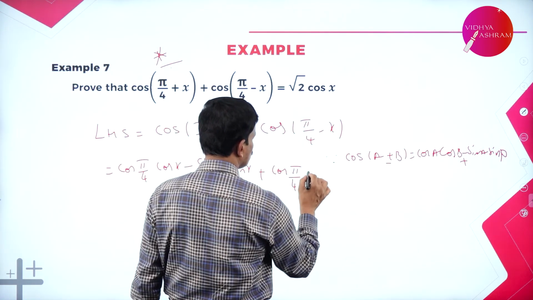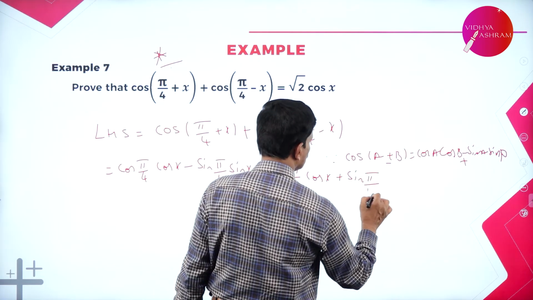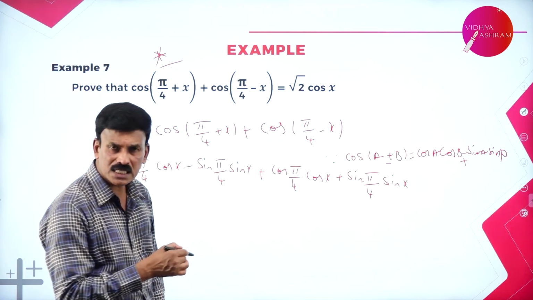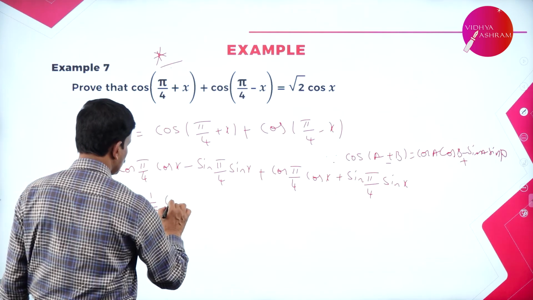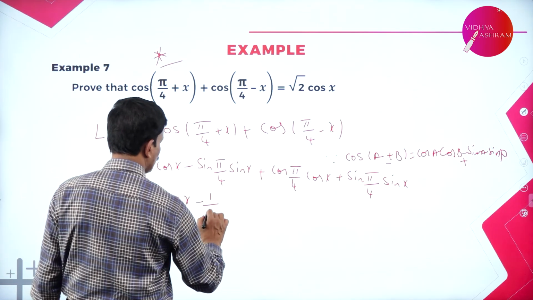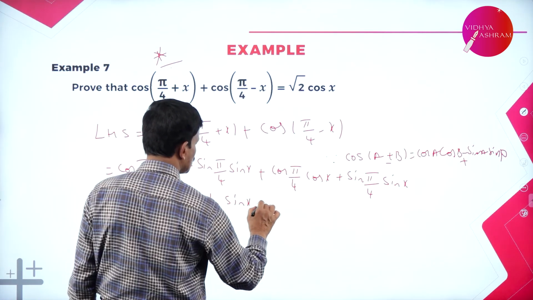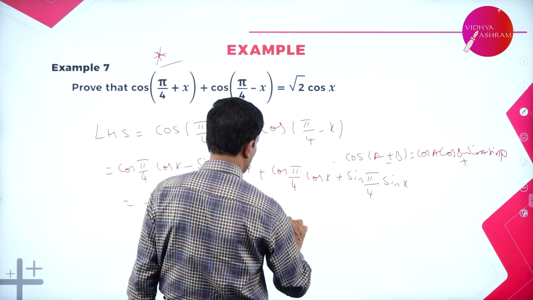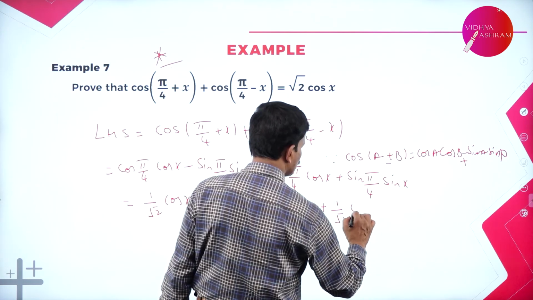Now if you want, you can cancel here itself. So what is cos 45? 1 by root 2 into cos x. What is sin pi by 4? Sin pi by 4 is 1 by root 2 into sin x, plus cos 45 is 1 by root 2 into cos x, plus sin 45 is 1 by root 2 into sin x.